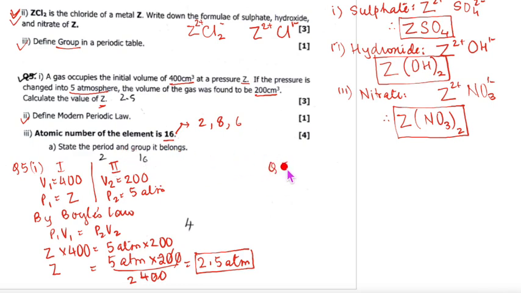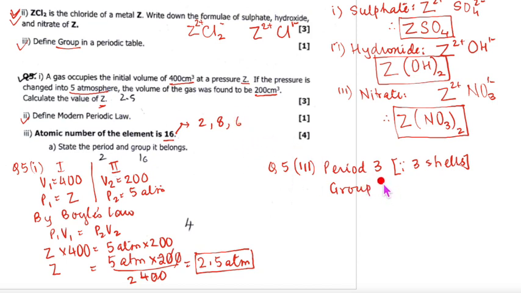So question 5, third part, it will be period 3, since it has 3 shells. See here, there are 3 shells. And which group does it belong to? It is 6 over here.